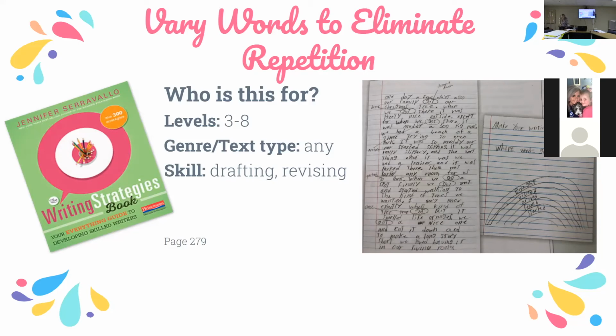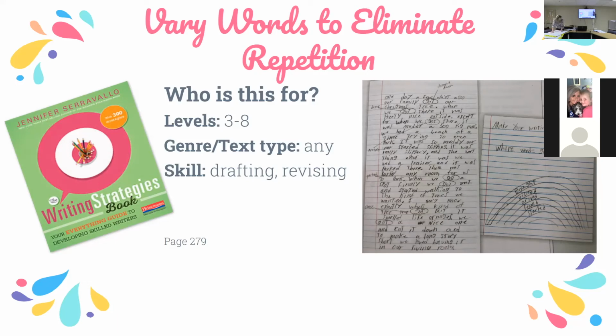So they use the word got. I'm going to use, let's just do things. On your chart, you can make it as fun as however you want to design it. It's yours, it's your students'.